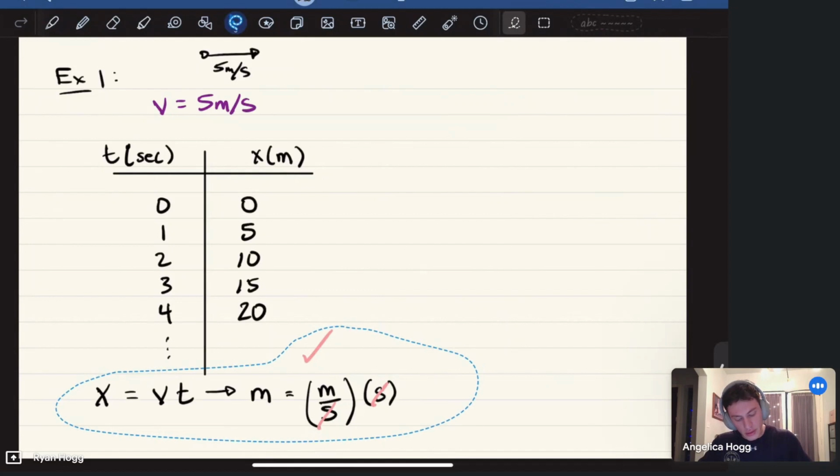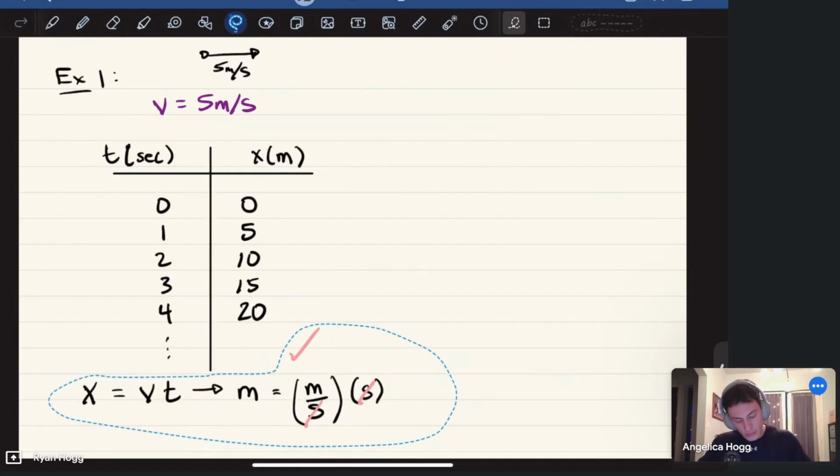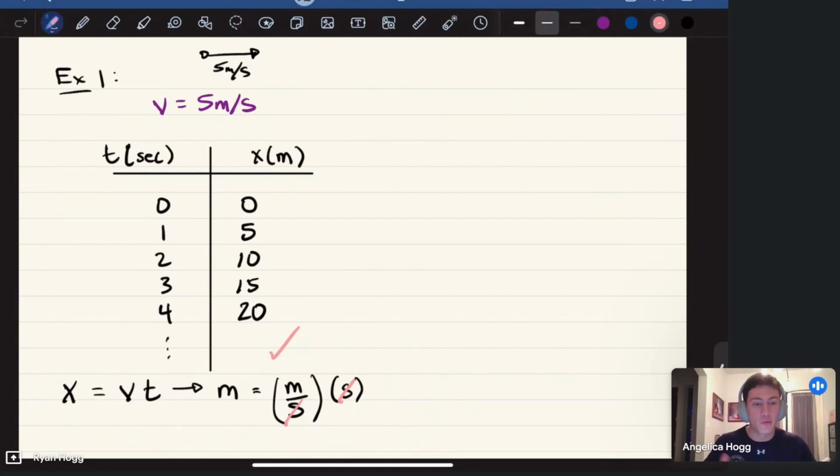The units all work out there. That's how you can verify that your equations are right and what you're plugging in is correct. So we've canceled out the S and the S for seconds, and you're left with meters equals meters, and it checks out. If I multiplied any time by the 5 meters per second, I could determine how much distance had been covered by that time.